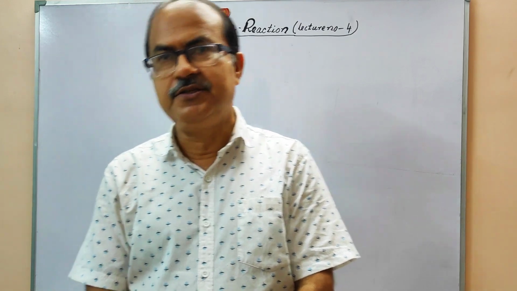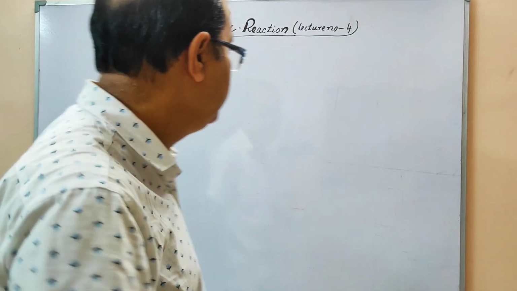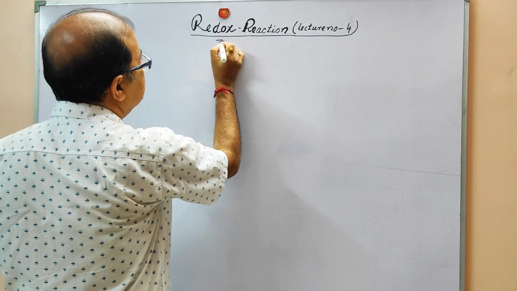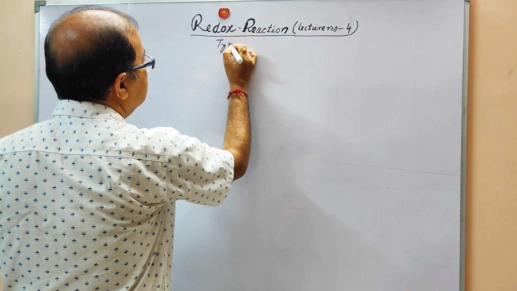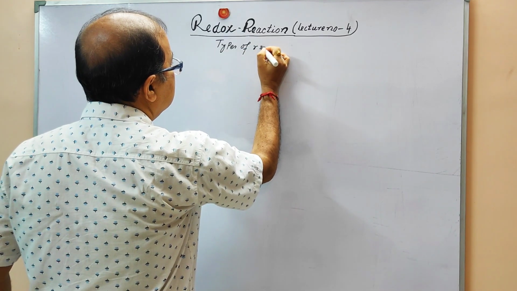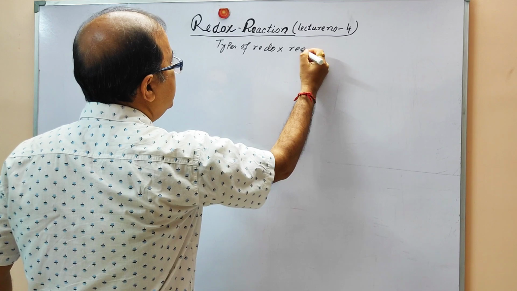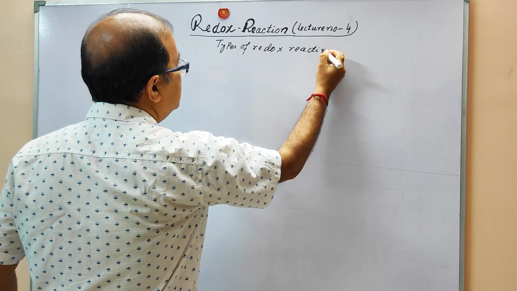And in this lecture, another very important topic that we are going to discuss is the types of redox reactions. So the heading of this lecture is types of redox reaction.